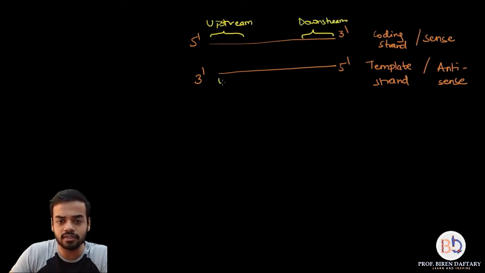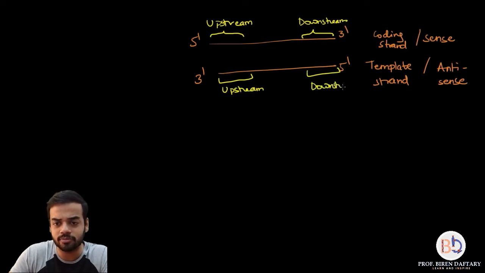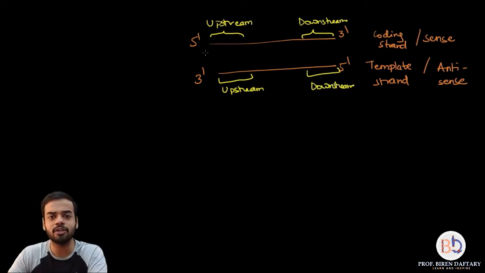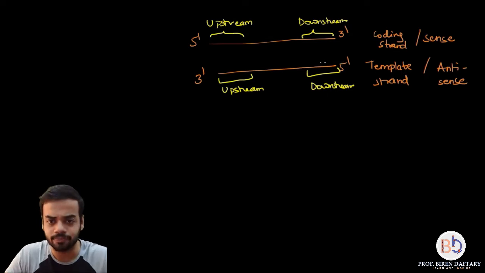Similarly, this region is again upstream and this region is again downstream. So I hope this upstream and downstream is clear. The 5' end of the coding strand or the 3' end of the template strand is the upstream region. The 3' end of the coding strand or the 5' end of the template strand is called downstream.